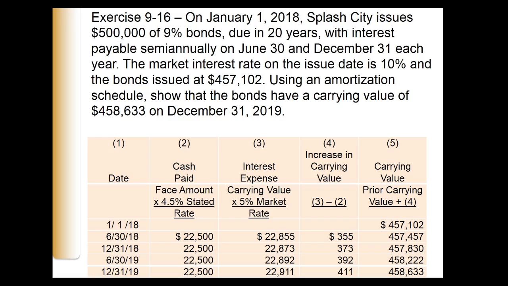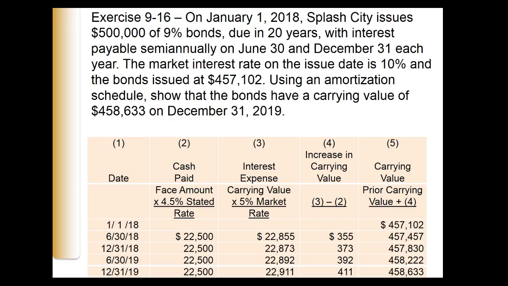So as you see, what we're going to do is begin the carrying value with what they told us, $457,102. The cash paid will always be the stated rate and the stated bond amount, $500,000 at 9%. So that is semi-annually 500,000 times 4.5%, which is $22,500 cash. That will remain the same.